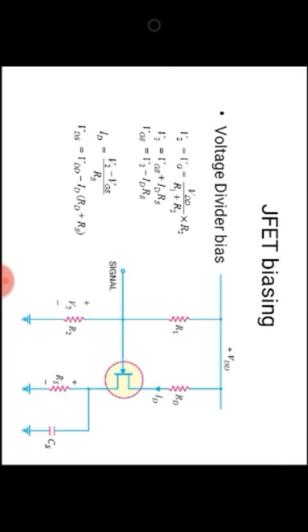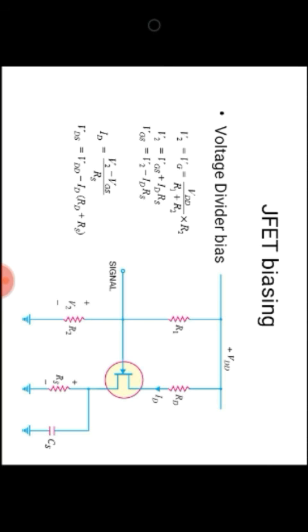Now in the input section there is one input loop: V2, the voltage across resistor R2, then VGS, the voltage between gate and source, and the resistor RS. So V2 is equal to VGS plus ID RS, and so VGS is equal to V2 minus ID RS.